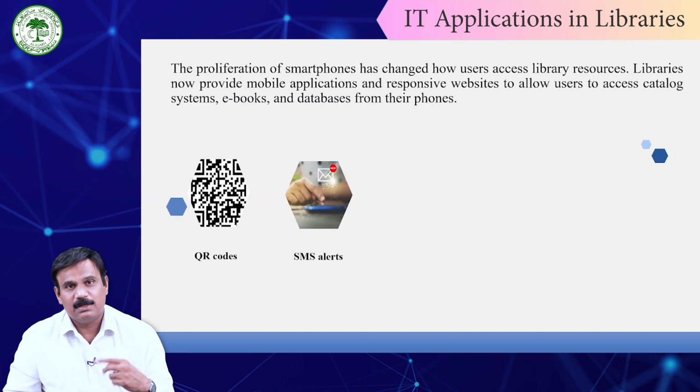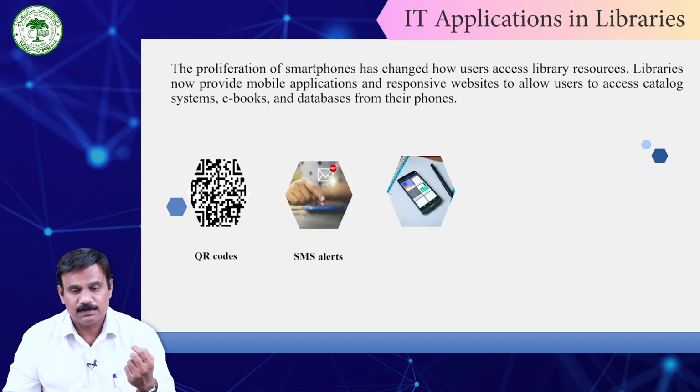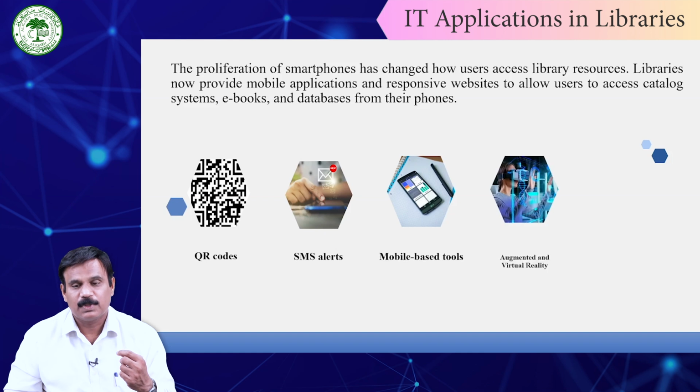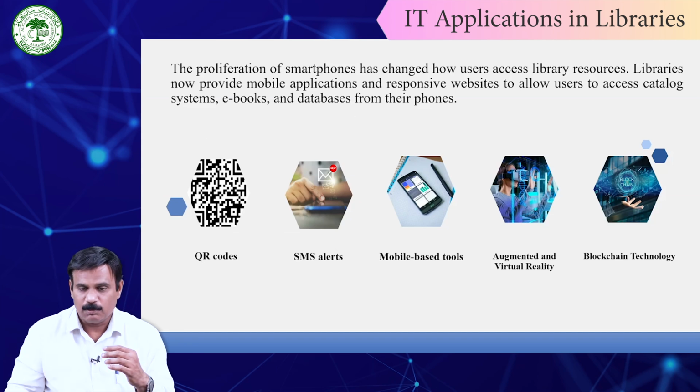Similarly, they alert users through SMS alerts, and they use some other mobile-based tools to provide information to the users. And some libraries started using augmented and virtual realities, and some blockchain technology is also being used by using the mobile technology.